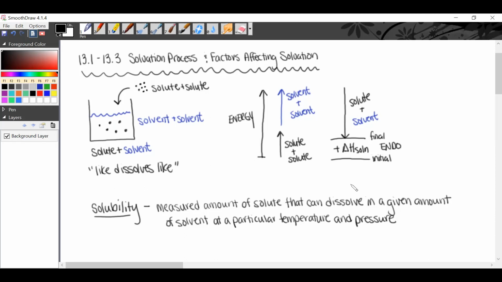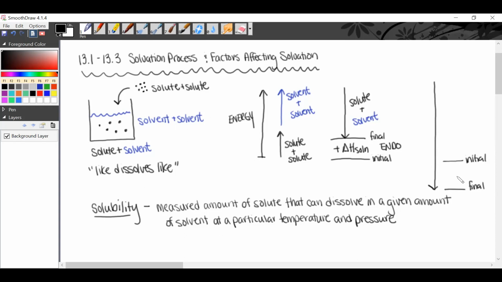But if you dissolve a solute in a solvent that really, really want to dissolve in one another, like there's a very, very strong attraction between the solute and the solvent, and you get a really big output of energy, let's say my initial position was like it was before, but my final position is down here now.